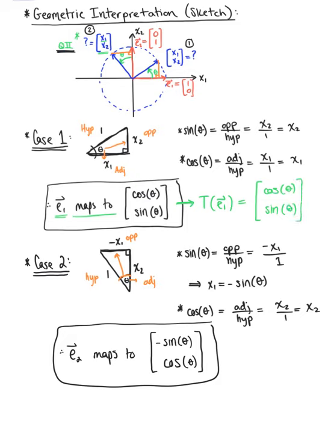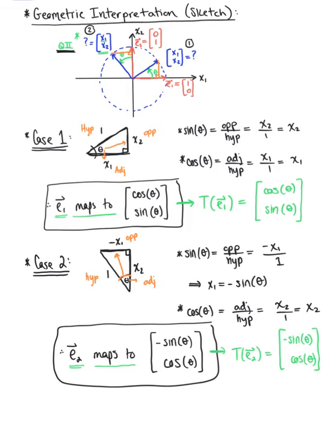And the same thing with case 2: the image of the elementary vector e sub 2 under the action of our transformation T is equal to the vector with components minus sine of theta, cosine of theta.